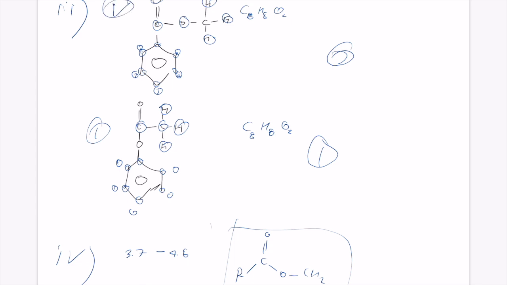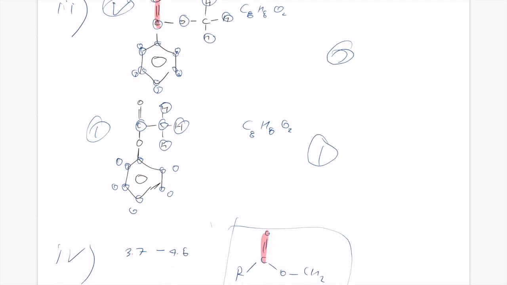Why? Because we have a C double O. We have an R group. We have an O linkage. And then we have a CH3 group here.